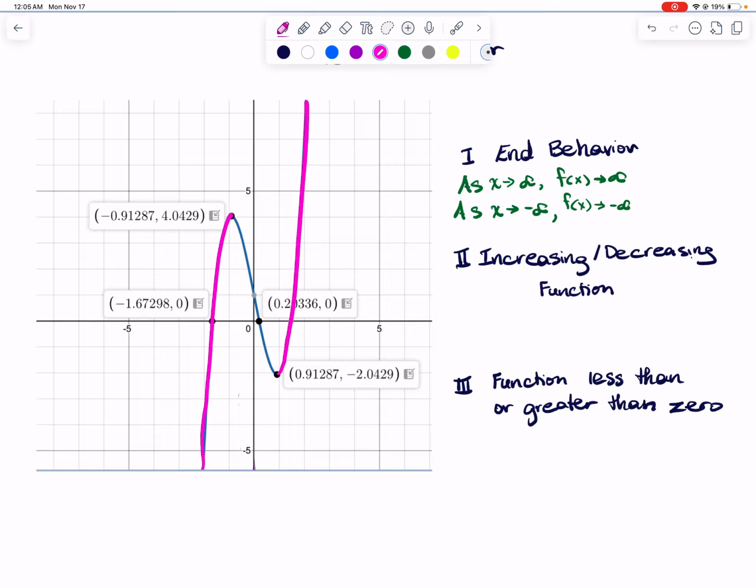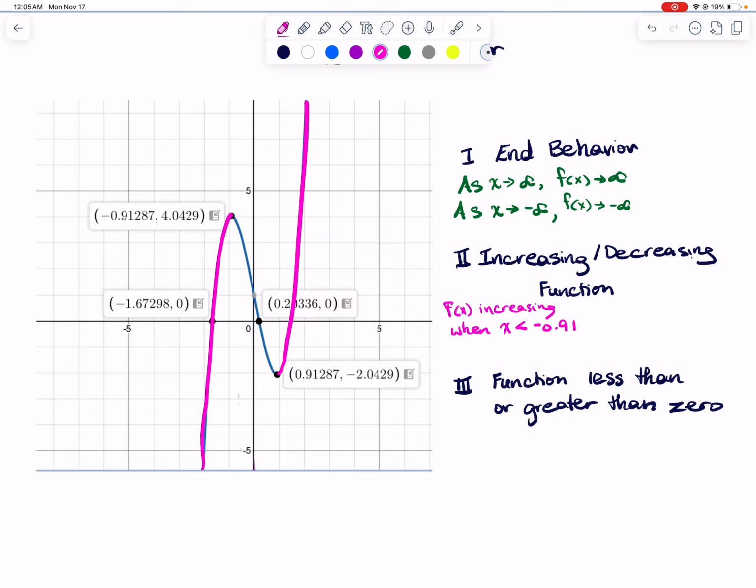Now, if you look at the x-coordinates here, the x-coordinate is 0.91. It is increasing everywhere before that x-coordinate. So our function, f of x, is increasing when x is less than negative 0.91, and I'm rounding here.